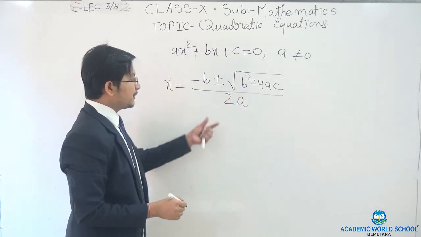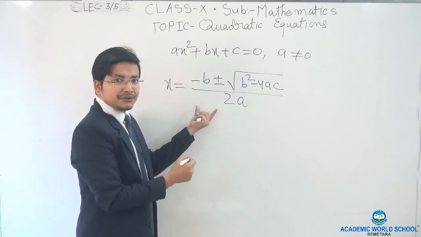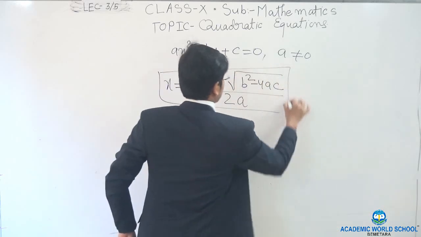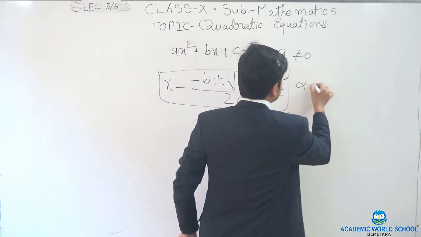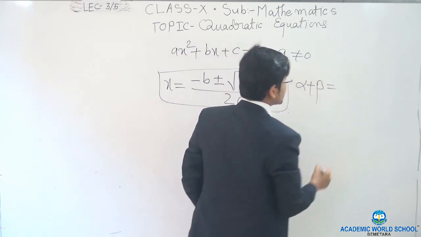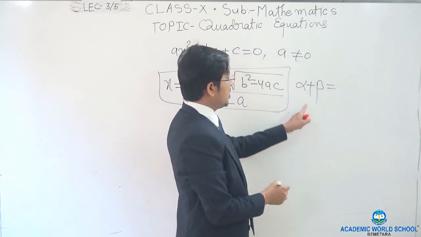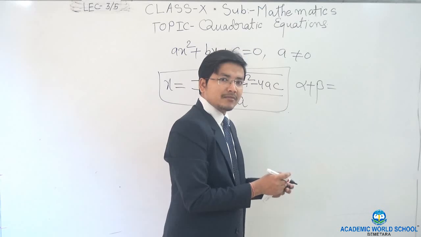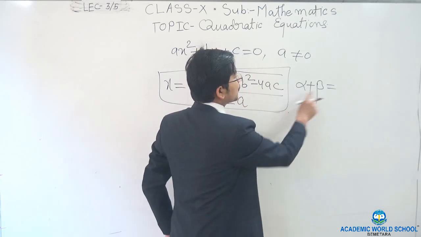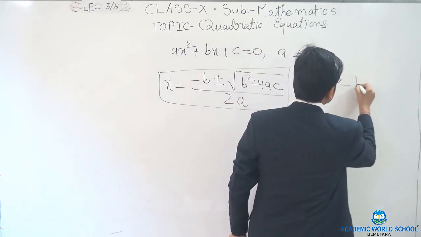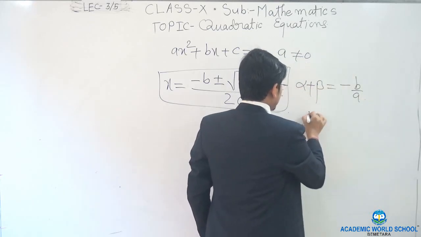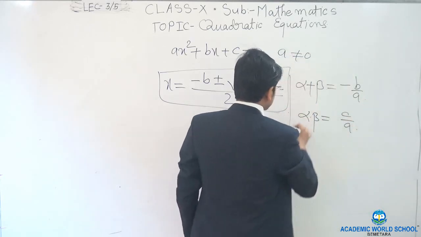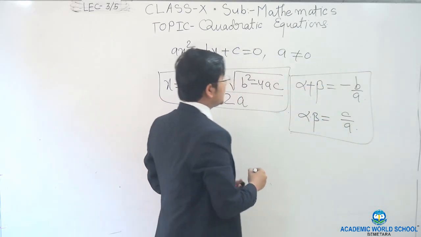And now the two more important results, that is sum of roots. Because this is the quadratic equation chapter, we don't say sum of zeros, we say sum of roots, and sum of roots is equal to minus b upon a. And product of roots is equal to c upon a. So these are the three important results we have learned.